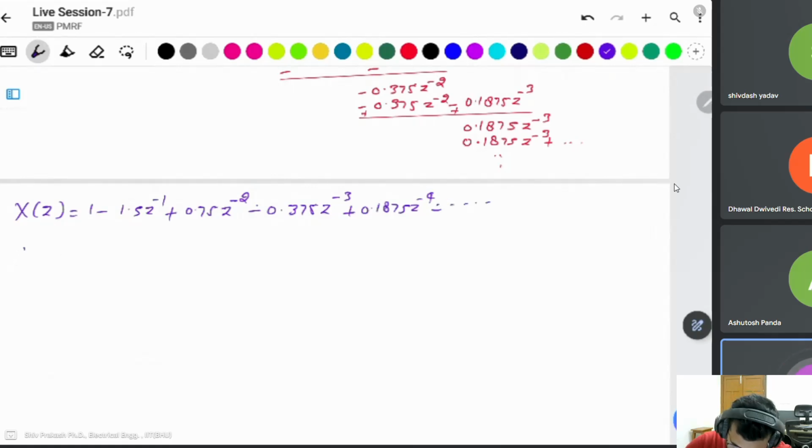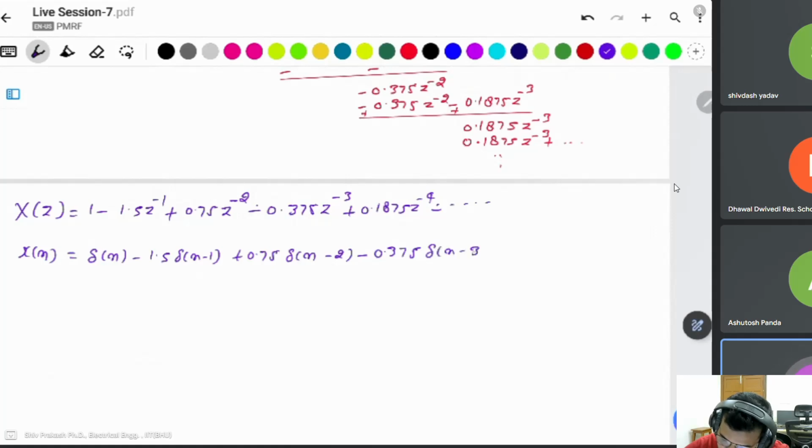If you convert this one by inverse transform, this will be delta n, this will be 1.5 delta of n minus 1 plus 0.75 delta of n minus 2 minus 0.375 delta of n minus 3 plus 0.1875 delta of n minus 4 plus dot dot dot to infinity.